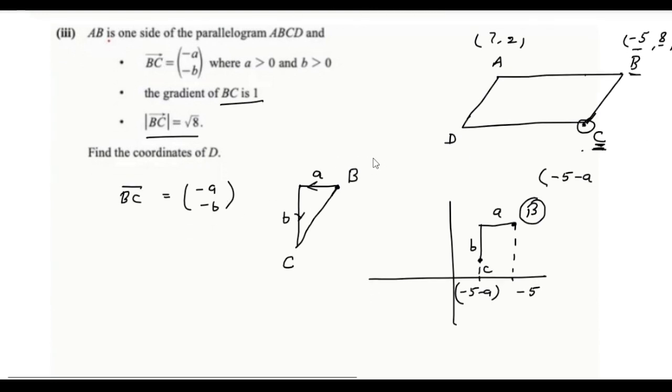So I know that C is on the left side of B because my BC vector is -A -B. I have to go left. The coordinate of B is already given, so from B, x coordinate.